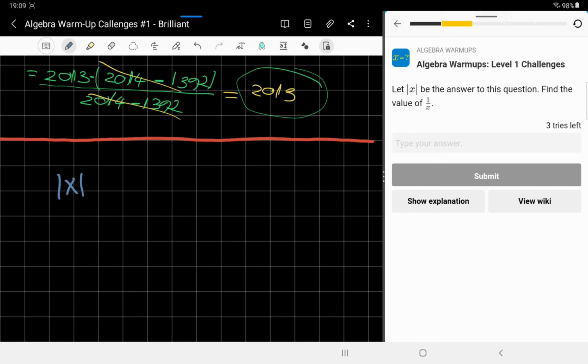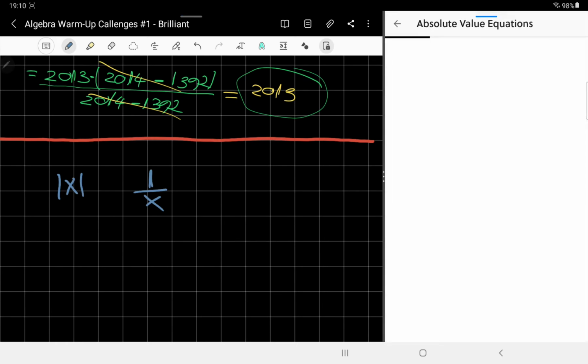I don't think I understand what they actually request here. So modulus x, find the value of 1 over x. Do we actually have to make them equal? I'm not sure what they want here. So let's first look into the wiki.